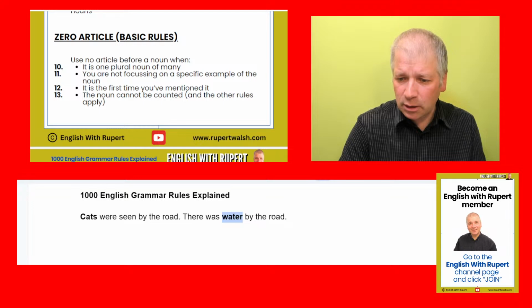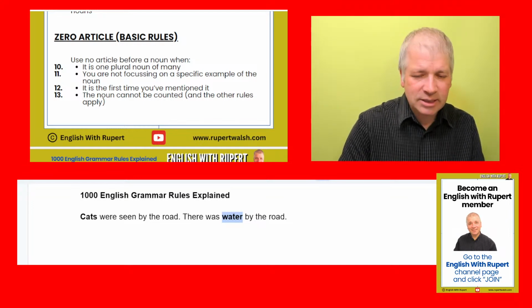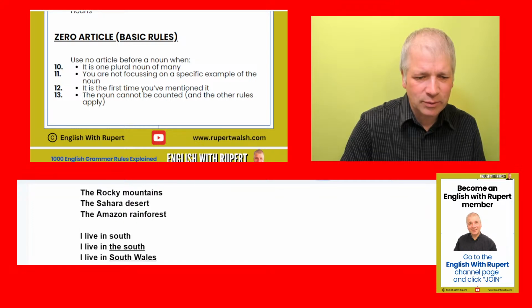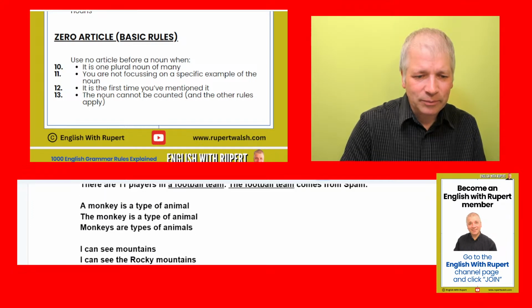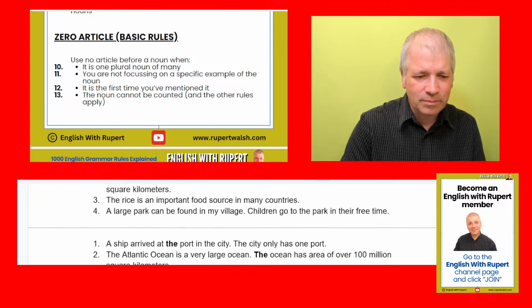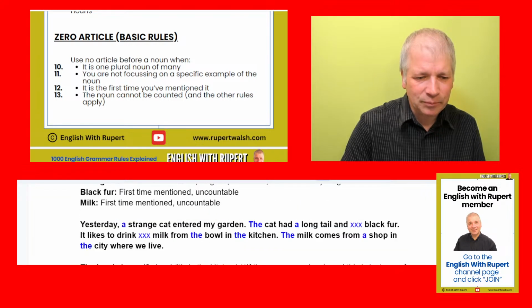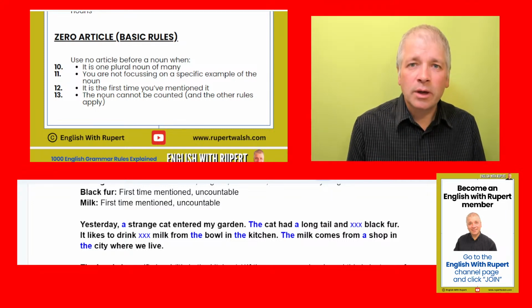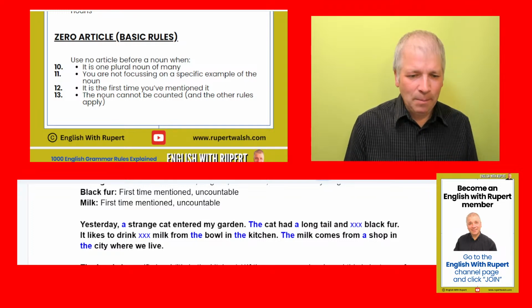I'm going to go to a text that I share in that members lesson, because there's a little bit more that I want to explain about articles that just makes it a little bit clearer. So this is a text that I use in my members area.